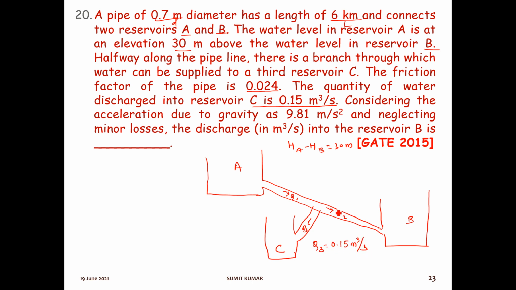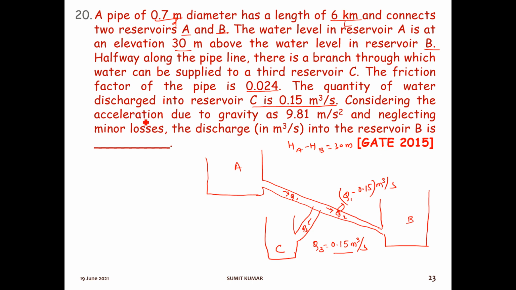So Q2 will be Q1 minus 0.15, since Q1 equals Q2 plus Q3.